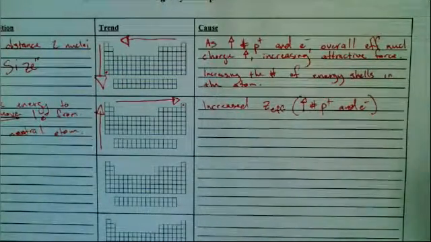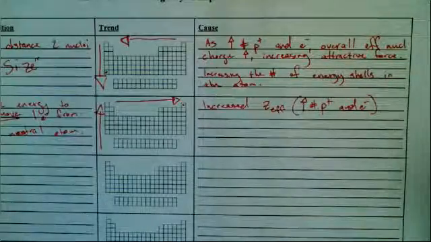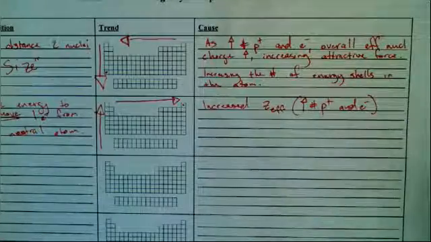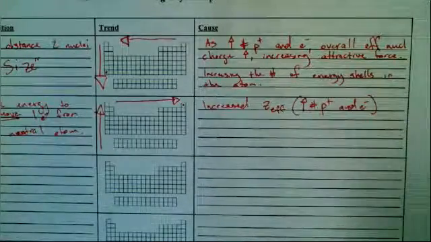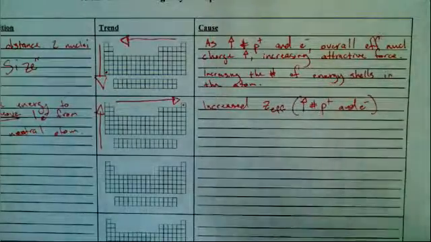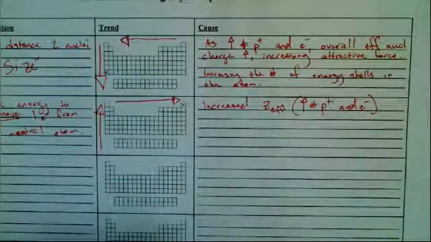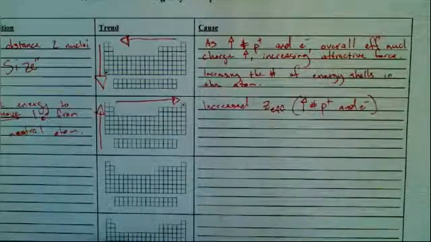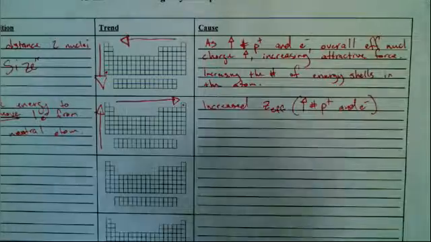So you're getting more attractive force between the nucleus and those valence electrons. Because there's more attractive force, they're being held more tightly. And like anything that is being held more tightly, it takes more energy to remove that thing. It's harder to remove these things because they're being held more tightly.